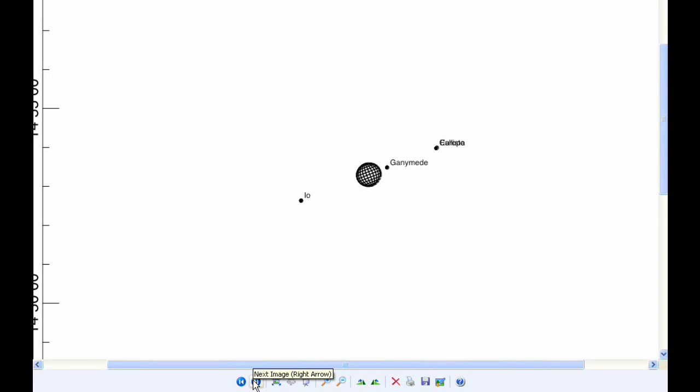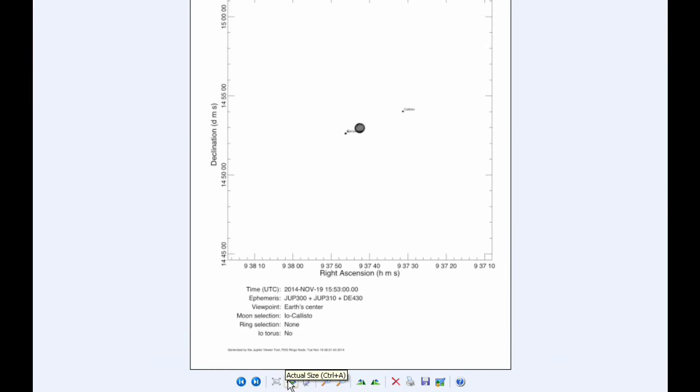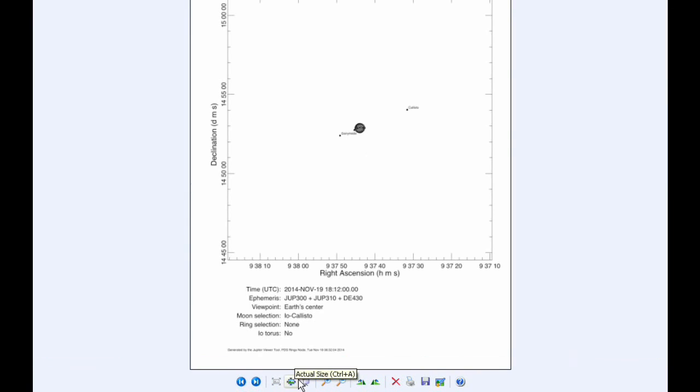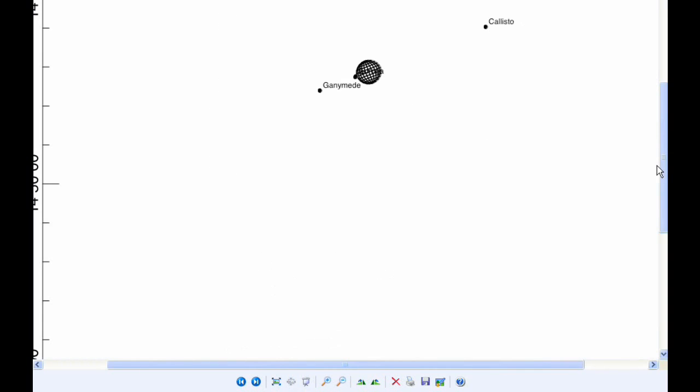Callisto is a busy moon today. At 15:53, Io occults Ganymede. And at 18:12, Io occults Europa, very close to the disk of Jupiter.